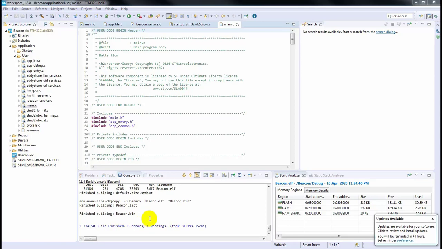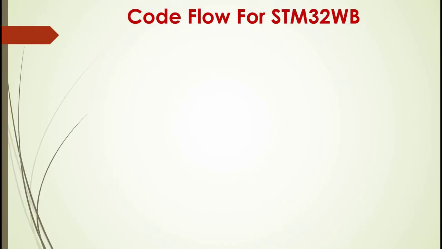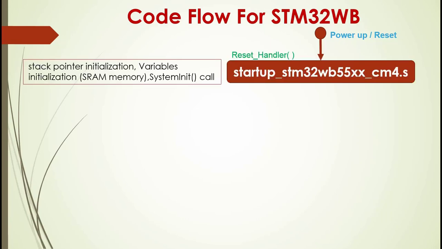Now let's go back to the presentation to see the code architecture and the flow of the code, how it works. So if we see the code flow of the STM32WB, once we power on, it will reset, and it will first go to the reset handler, which is available in the startup file of Cortex-M4, the .s file.